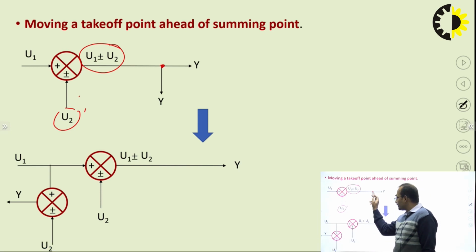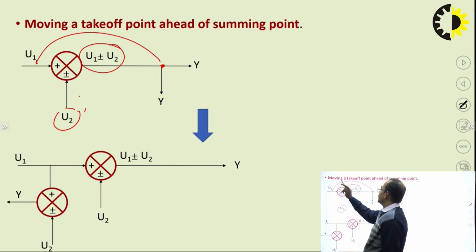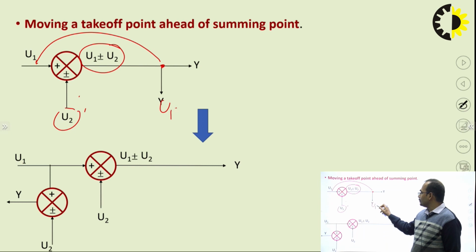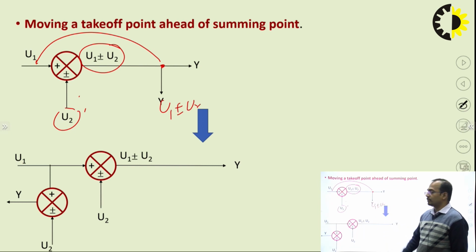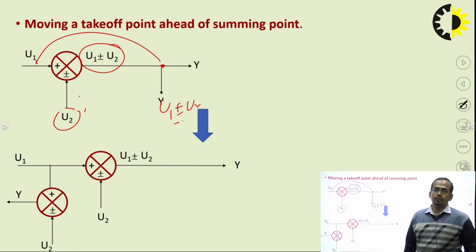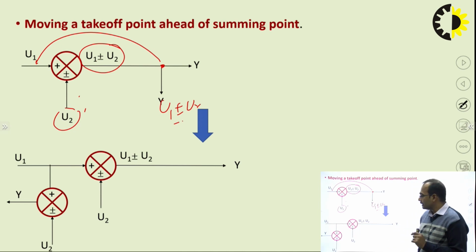If you are moving this takeoff point before the summing point, then what will happen? You will get here only u1, but the desired output is u1 plus minus u2, so you have to add this u2 using the summing point.